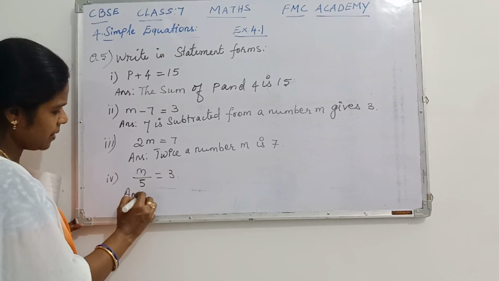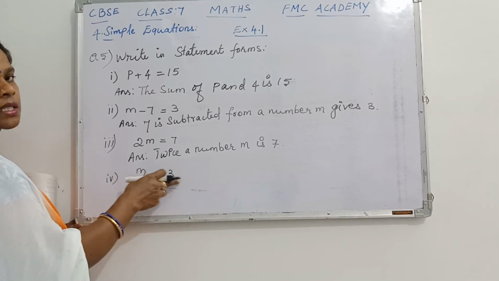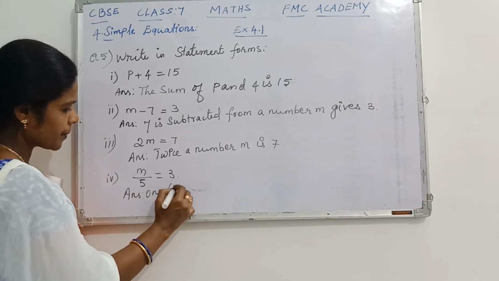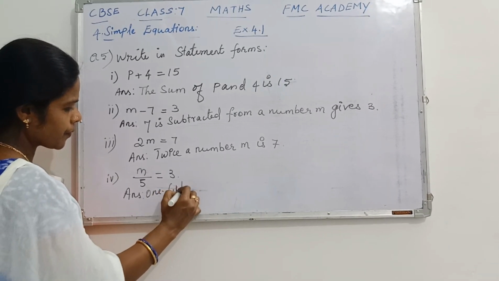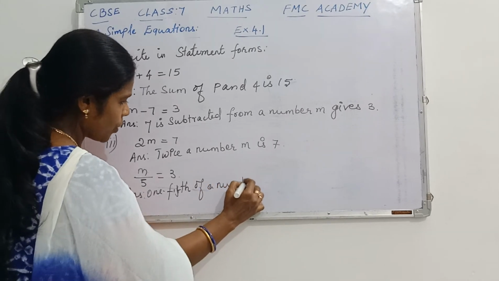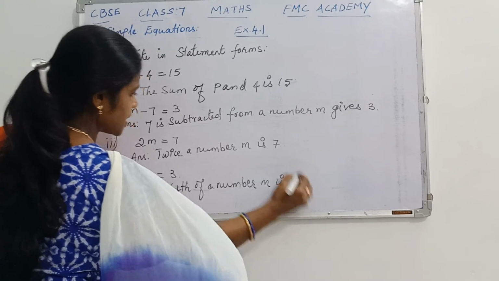So what can you write? 1/5 of a number m is 3. That's it.